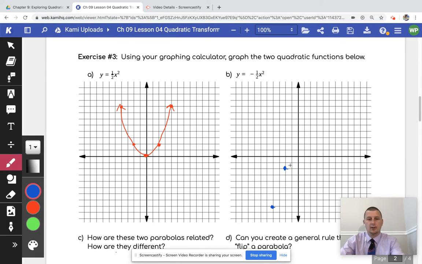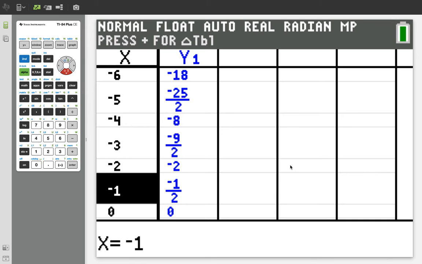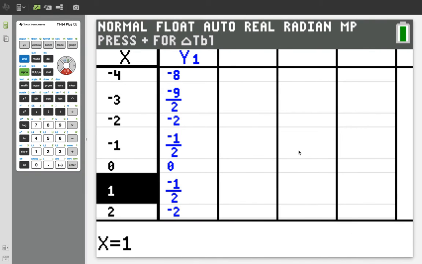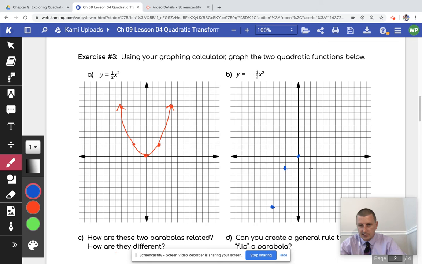Okay. We're going to go back and see that our next integer values are 0, 0. Continue on, we'll see 2, negative 2, and 4, negative 8. So here are our points, which again resemble a parabola.